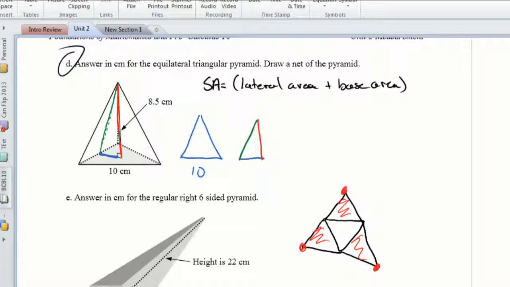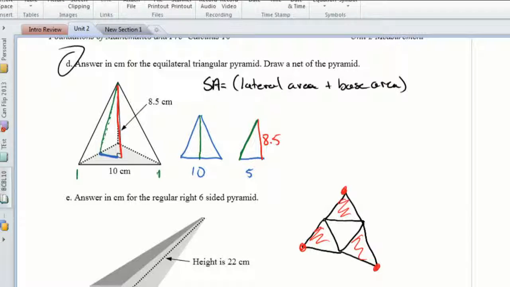So I'm trying to find the green line. Once I get that, that green line is going to tell me the height of this triangle, and I already have the base. If it's 10 centimeters across the bottom, halfway is going to be 5. I don't know what the slant height is, but I do know the height is 8.5. I'm going to use that information to figure out that green line.